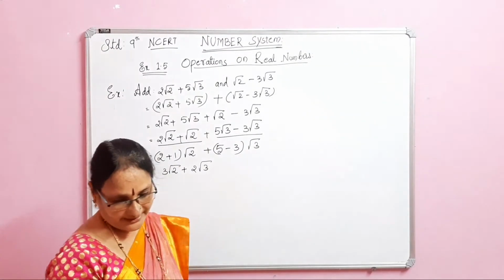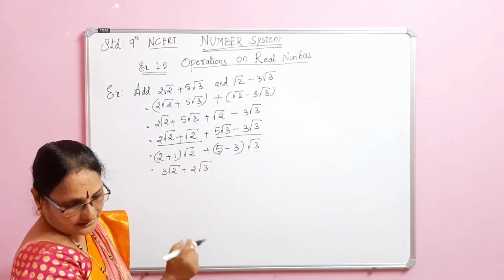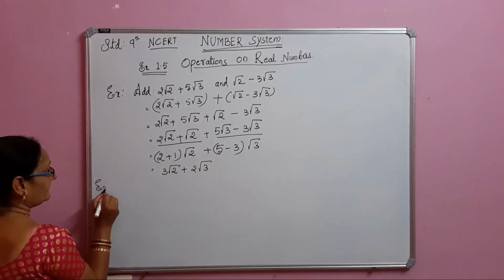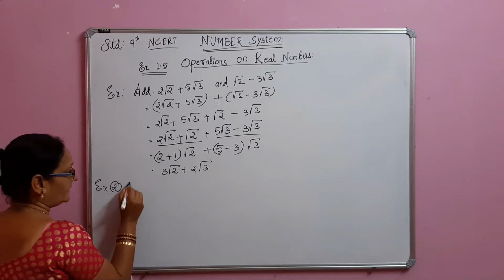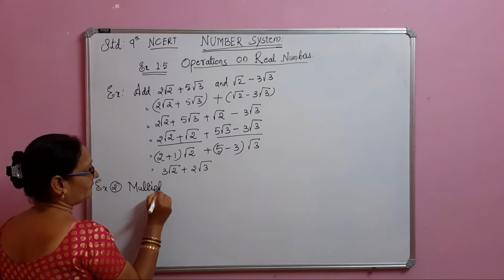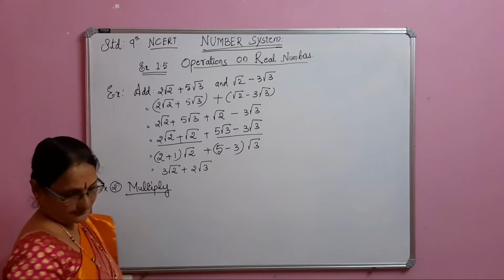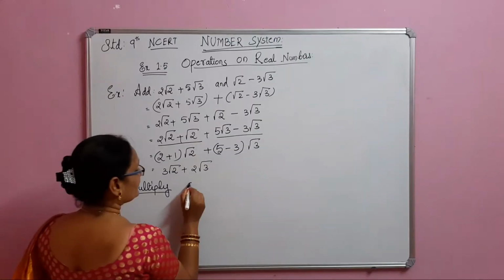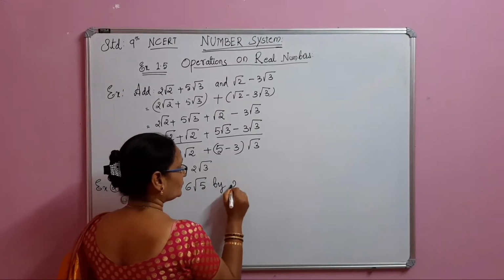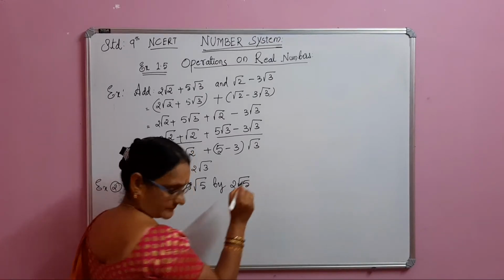Next, another example, multiplication. Example 2: multiply 6 root 5 by 2 root 5. Now we will see whether multiplication holds good or not. Very easy, children. 6 root 5 multiplied by 2 root 5.